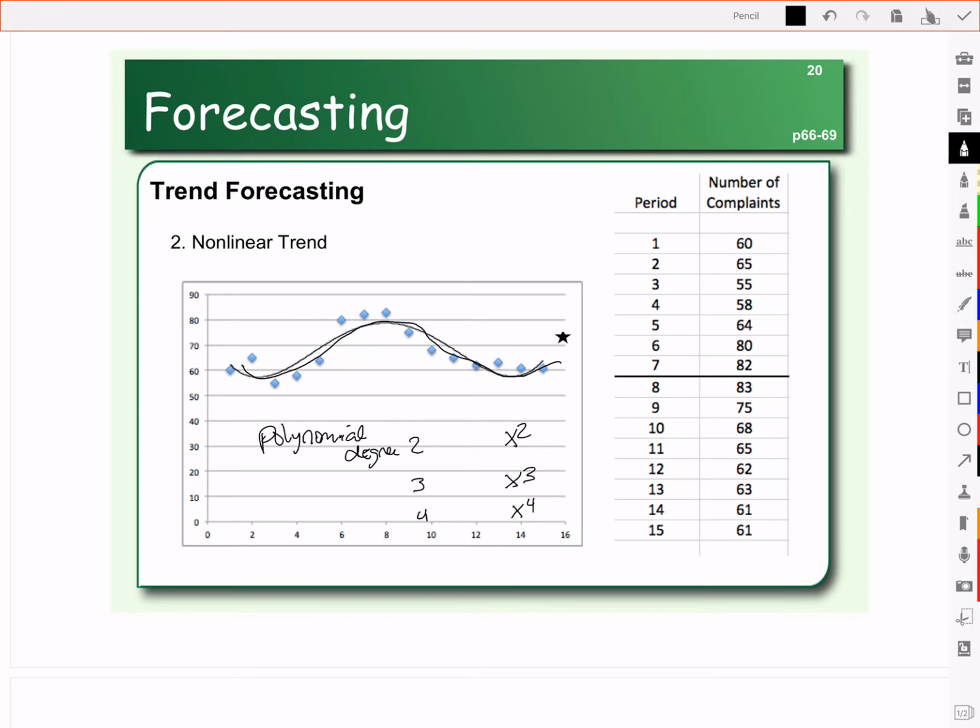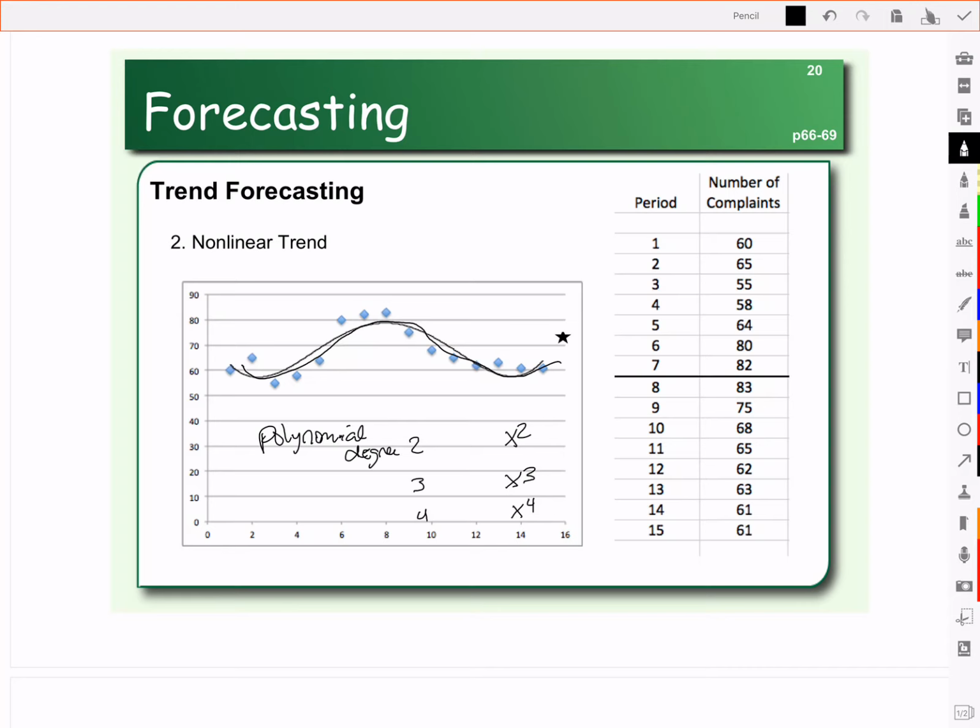Explain why in the first couple years it goes down, then it goes up, then it goes down, then it goes up. Remember, you have to explain to your stakeholders what the forecast is telling you and why it's telling you what that is. So if you're getting too many polynomial degrees, the formula gets too complicated and really you can't explain what it's telling your stakeholders.